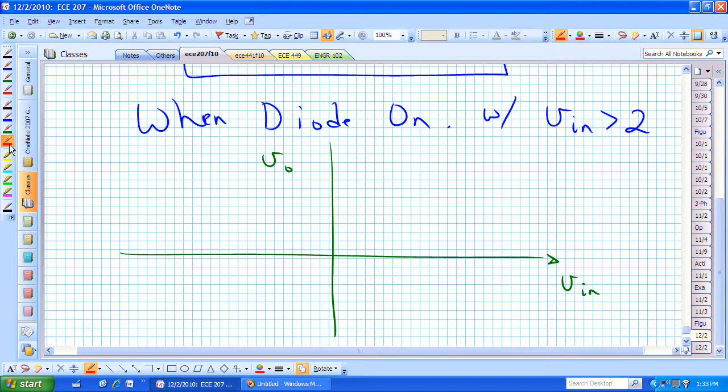Vout, if we remember, I may have run out of room, but Vout was equal to Vn as long as Vn was less than 2.